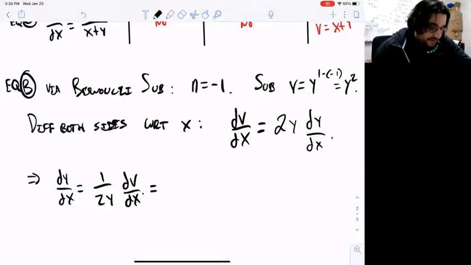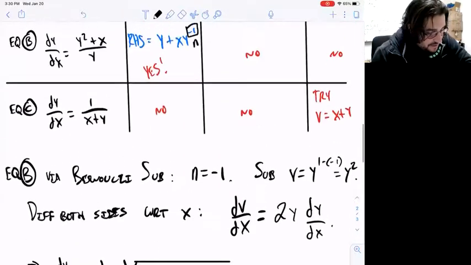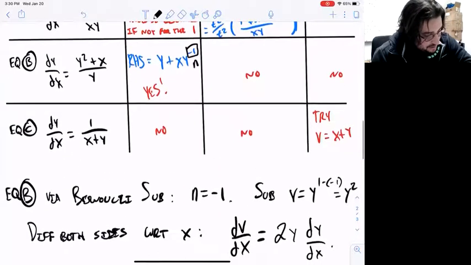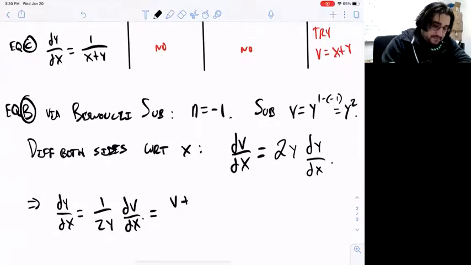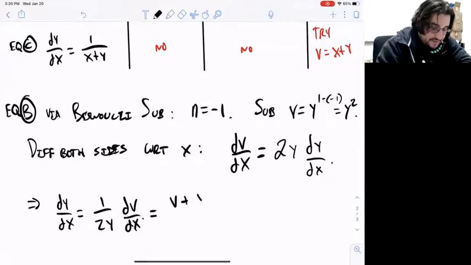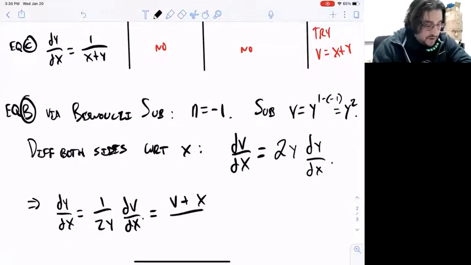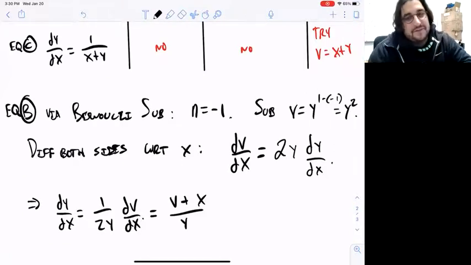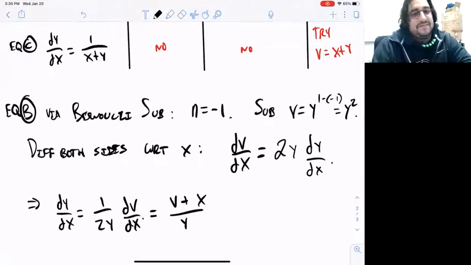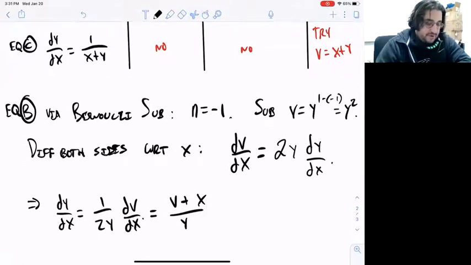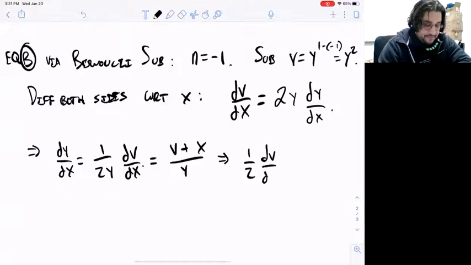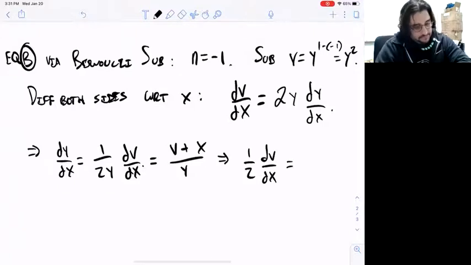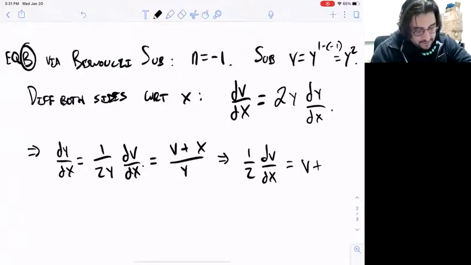So that's our left-hand side of the differential equation. Then what happens on the right-hand side? On the right-hand side, we have y squared plus x over y. So y squared is just v, plus x stays as x over y. And I'm going to just leave that y as y because it's going to cancel with the y on the other side, right? So I end up with 1/2 dv dx, and then v plus x.